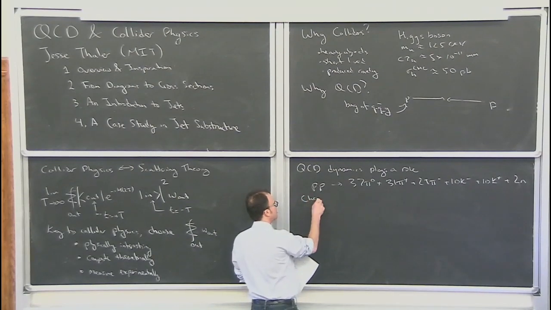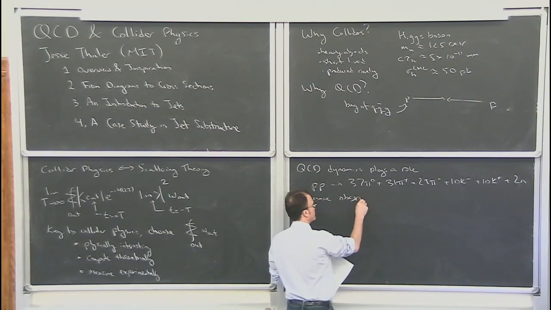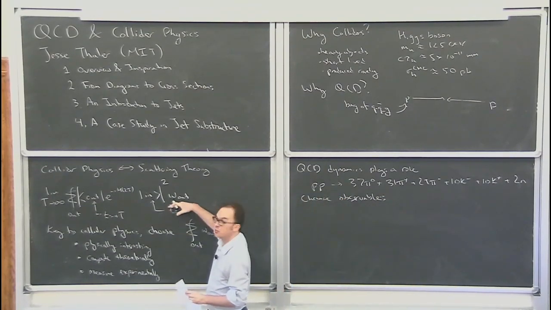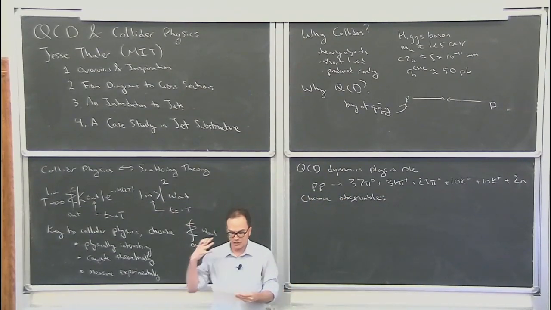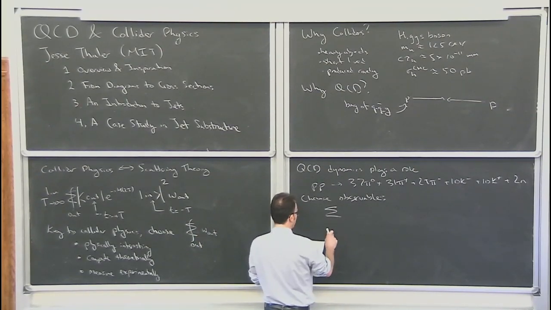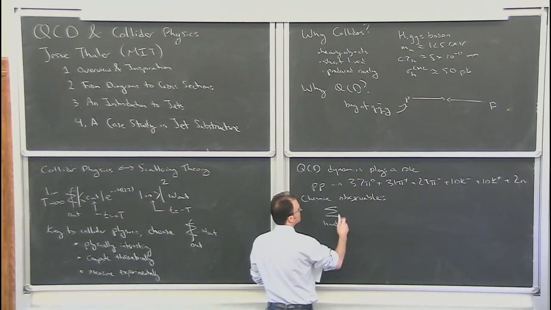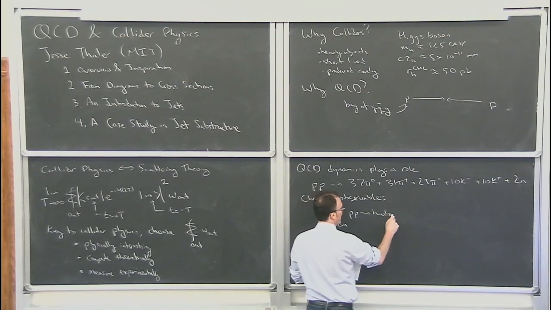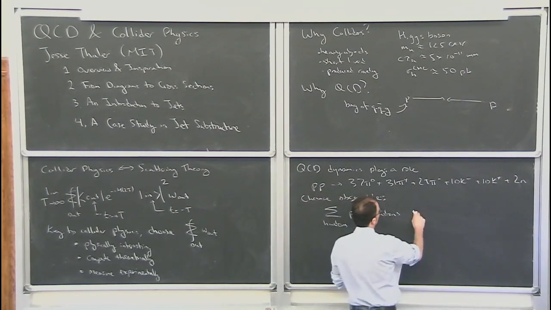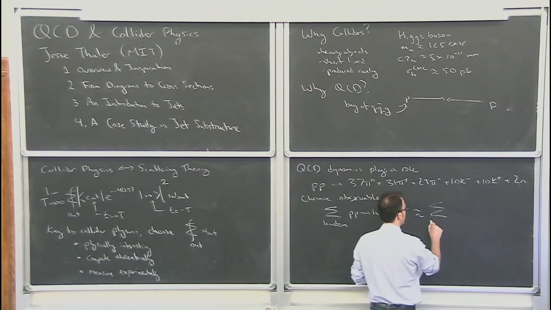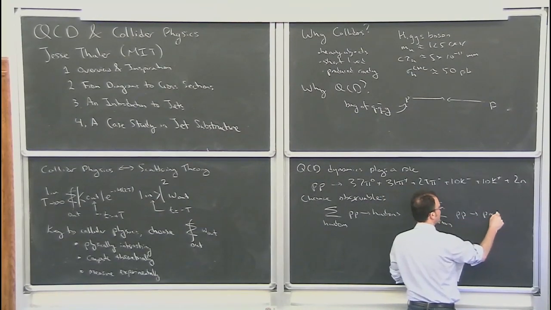Rather, I want to choose observables, choose the type of measurement that I'm doing, choose this weight function if you want to think about it in this language. I want to choose observables such that when I do a sum over all the different things that can happen with hadrons, with all these pions and kaons, for proton-proton going to all these various hadrons, weighted in the appropriate way, that I can replace this with a calculation that has to do with quarks and gluons, that I can replace it with one where I can do a sum over partons of proton-proton going to some partonic final state.